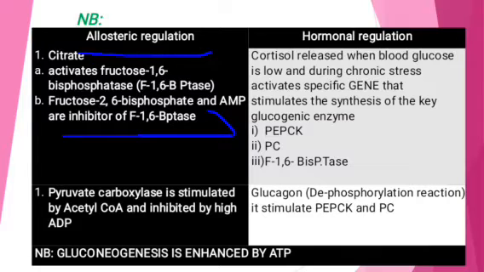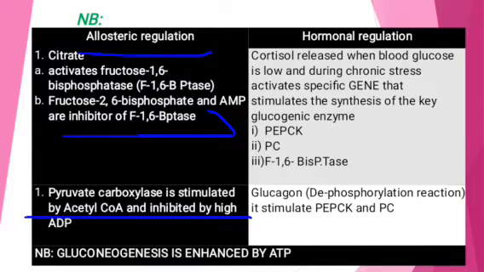Pyruvate carboxylase is stimulated by acetyl-CoA and inhibited by ADP. That is to say, with a high level of acetyl-CoA, pyruvate carboxylase will be stimulated to convert acetyl-CoA back to pyruvate by adding a carbon molecule.